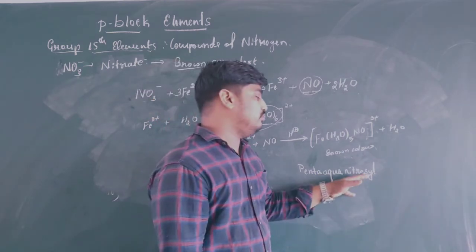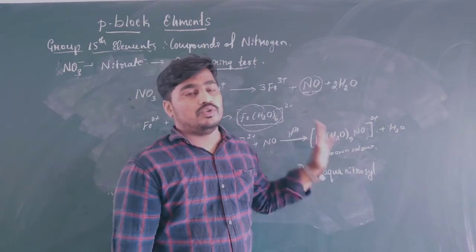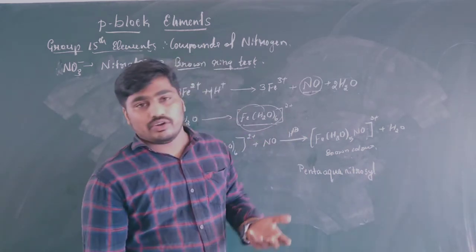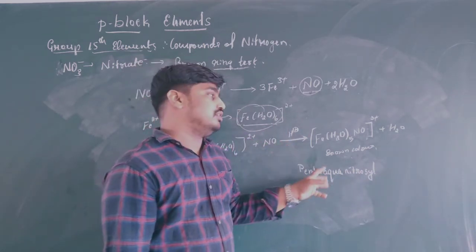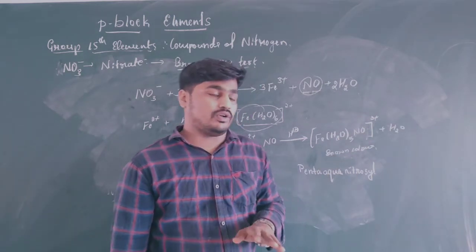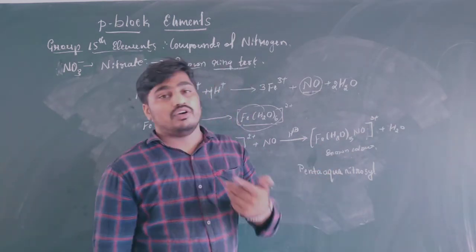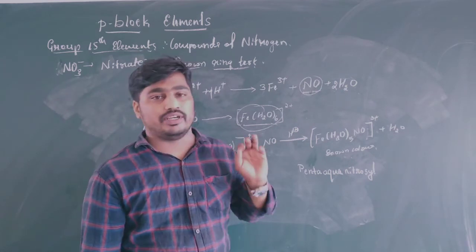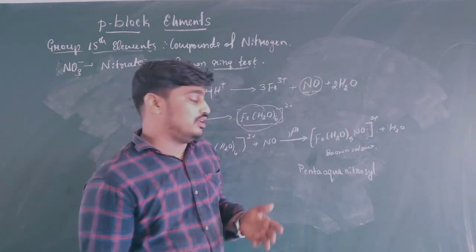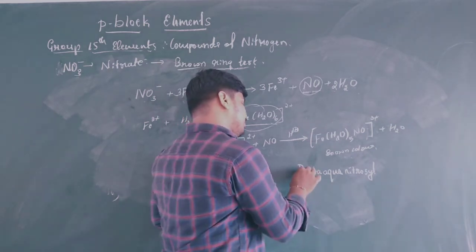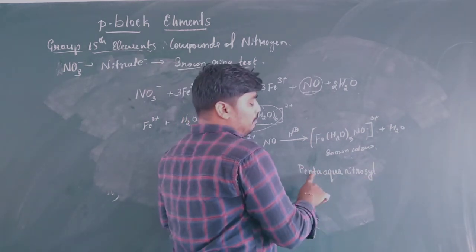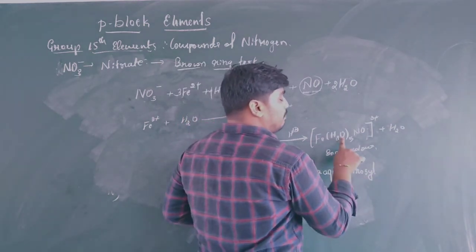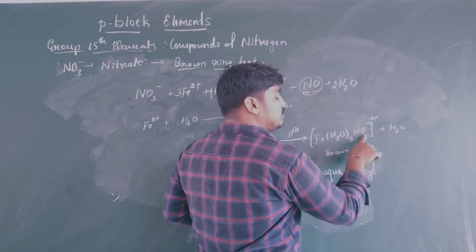Okay, so I am using this one, nitrosyl. When we use nitrosyl, then nitrogen takes the electron. Now the iron oxidation state is +1. Okay, that is the important thing. Just once again I recall the concept. After completion of the naming, pentaaquanitrosyl.